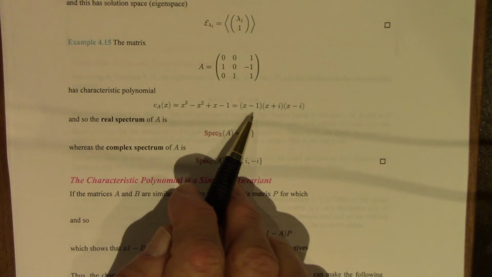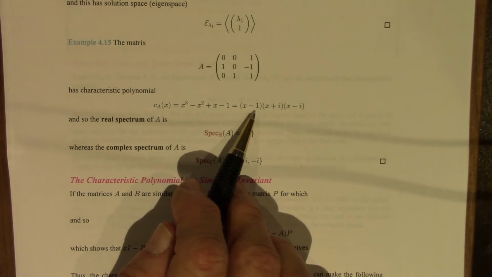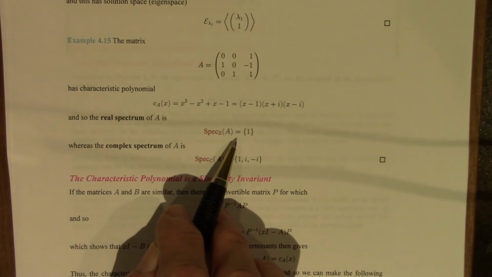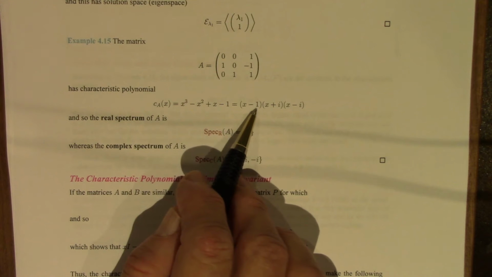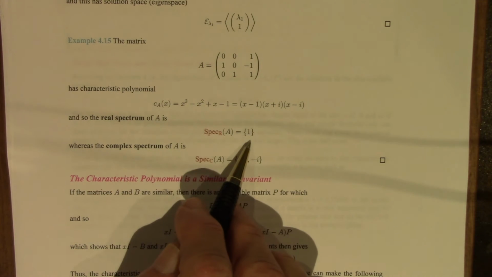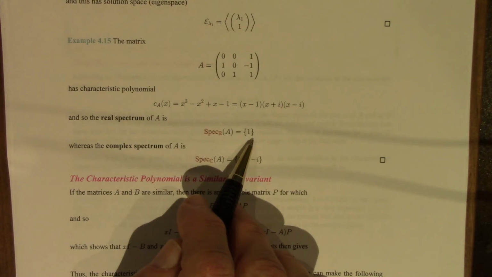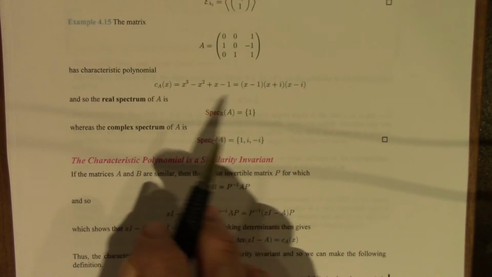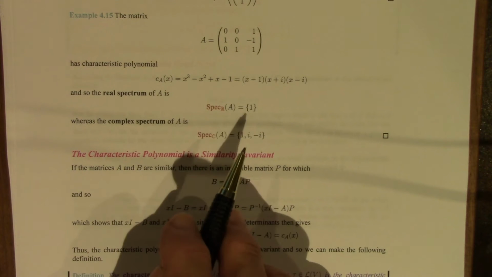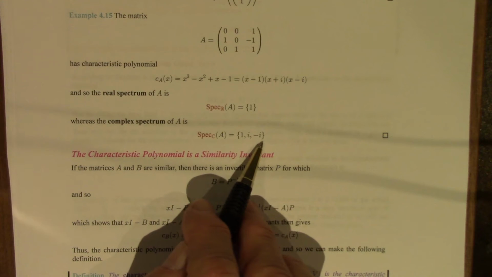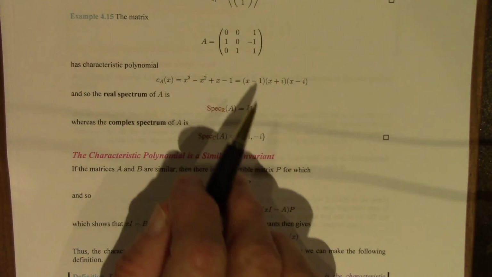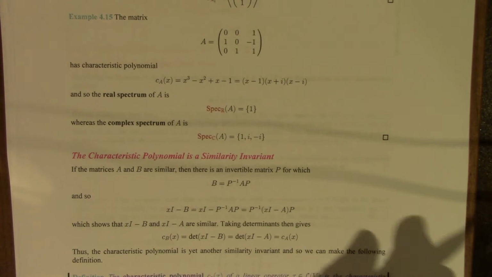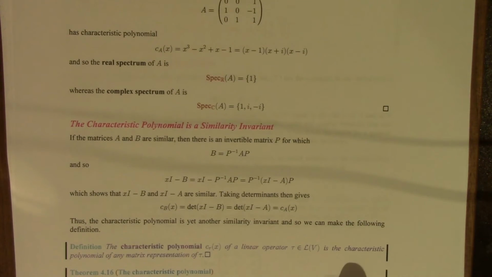The real spectrum of A just consists of the single eigenvalue 1. It's the only real root of the characteristic polynomial. The complex spectrum consists of these three roots of the characteristic polynomial. Okay?